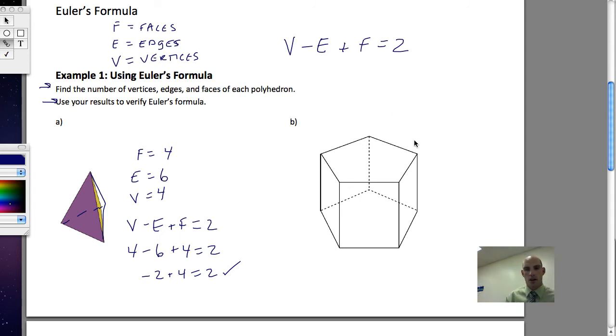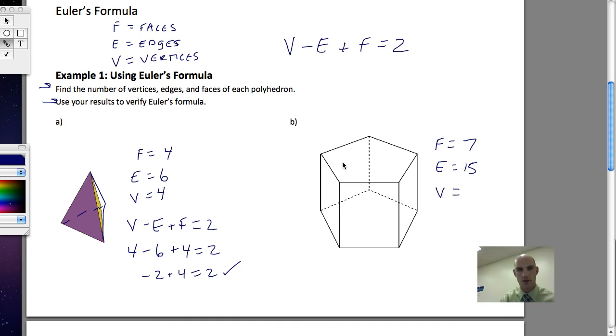Okay? Let's look at this pentagonal prism. Faces equals 1, 2, 3, 4, 5, so 5 and 2 would be 7. Edges would be 5 and 5. I like to think about it as the number of sides on the base, so 5, the number of sides on the other base, which would be 5, and then each of those vertical sides would be another 5, so that's 15.